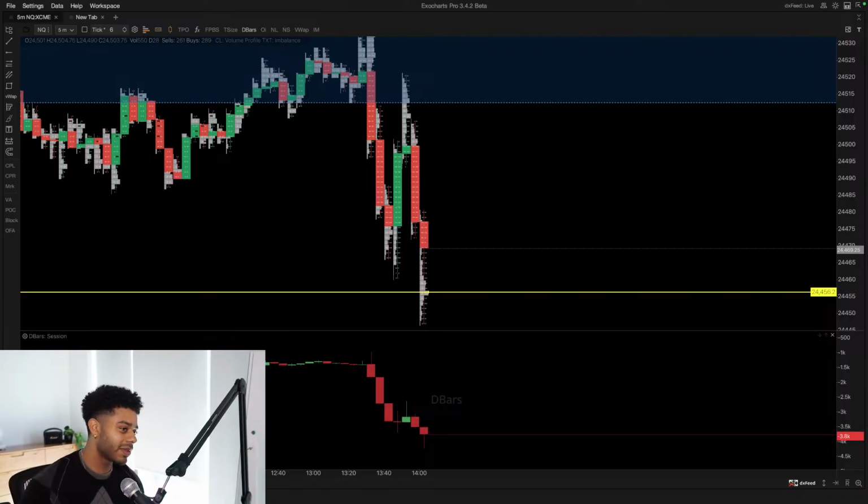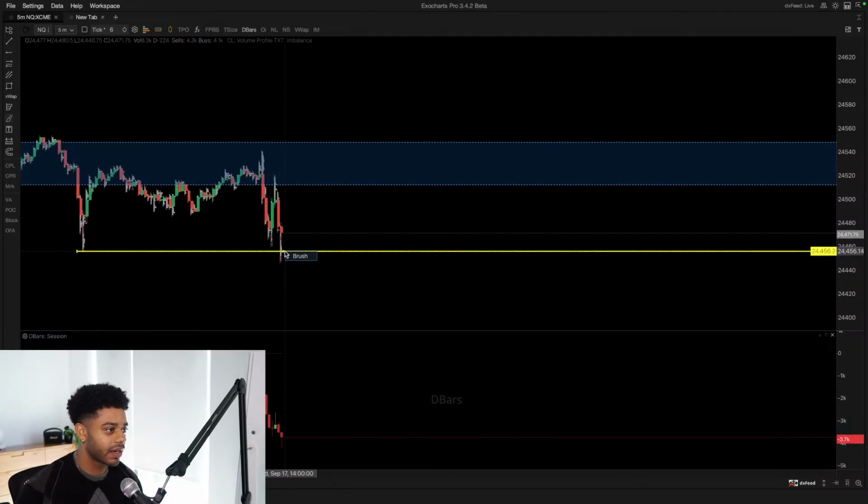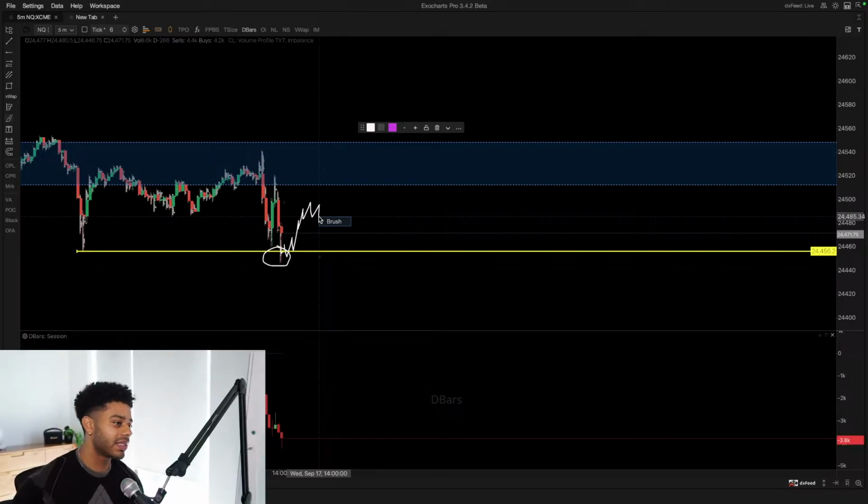It was one of those moments where I was like, am I going to... One thing that I was just thinking about before covering this position, which I'll show you here in a moment, was if the market retraces back up to here, I wouldn't have wanted to sit in that.